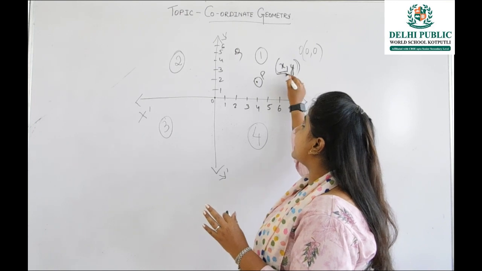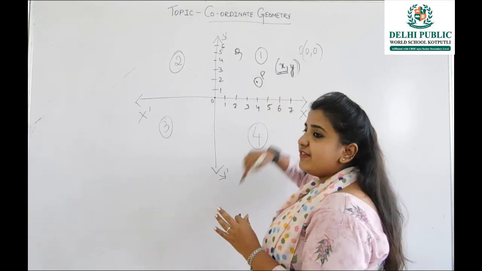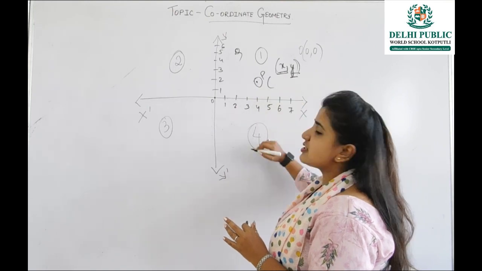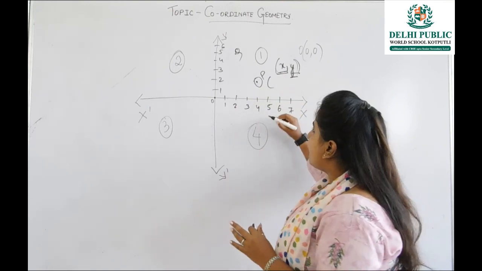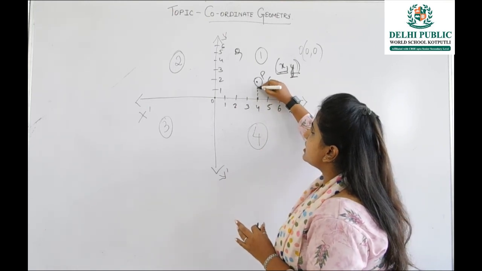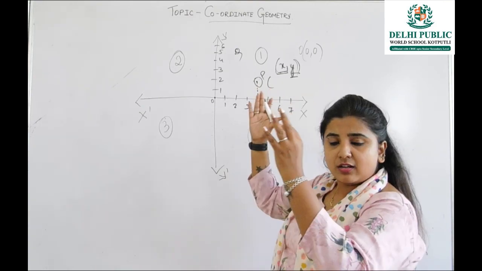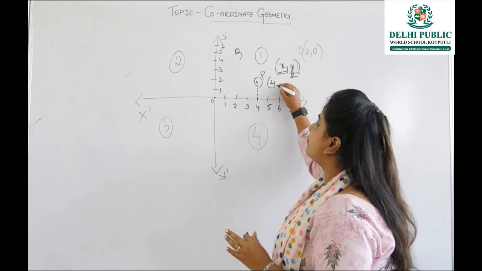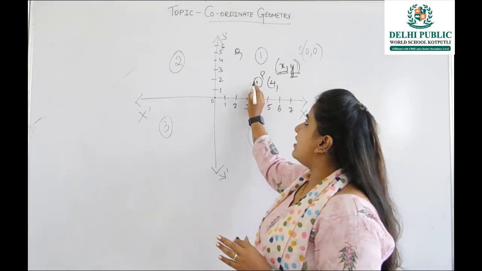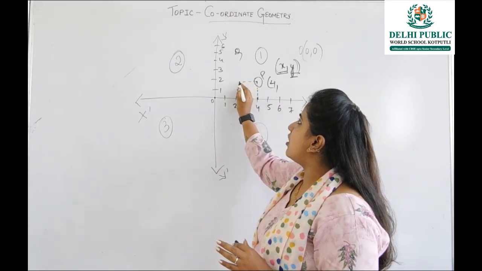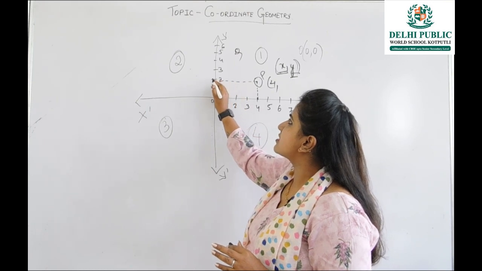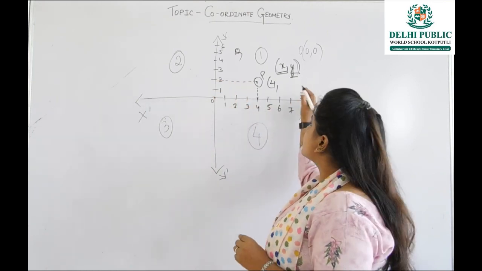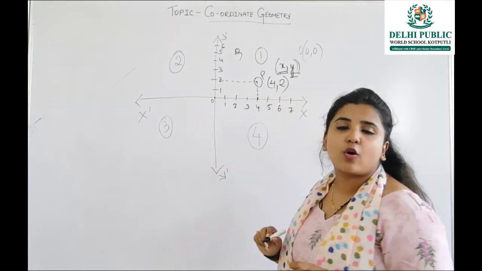First we'll write the x coordinate value, then the y coordinate value. So for P, what is the x coordinate value? From the x-axis, we see the nearest or parallel point. It is coming to be 4. So we'll write 4. In the same way, we'll draw a dotted line towards the y-axis also. We find it is intersecting at the point 2. So the value here is (4, 2).